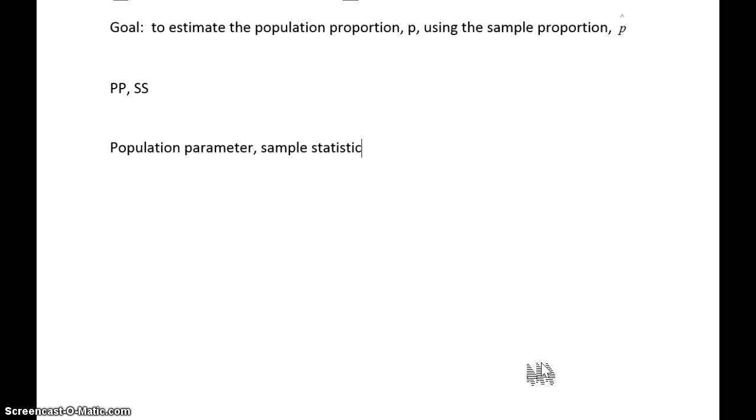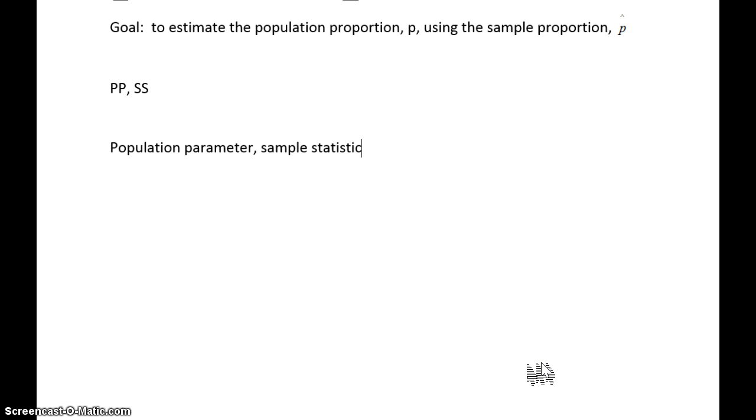Now, Module 7 is a bridge from Module 6 into Module 8, where we're going to be doing confidence intervals and hypothesis testing. In Module 7, we do a little bit of constructing confidence intervals. The purpose of a confidence interval is to estimate the true population proportion, P, using the sample proportion, P hat.